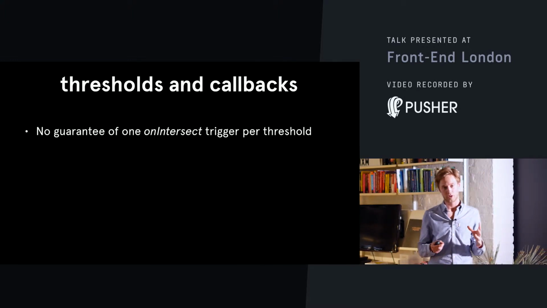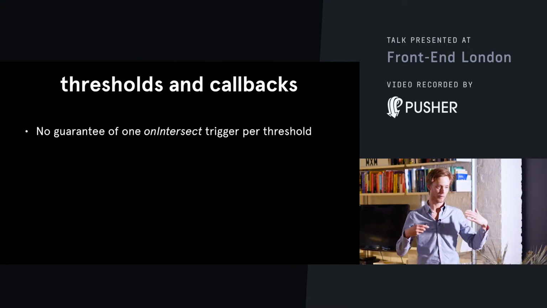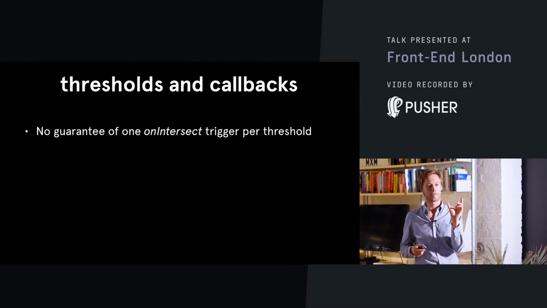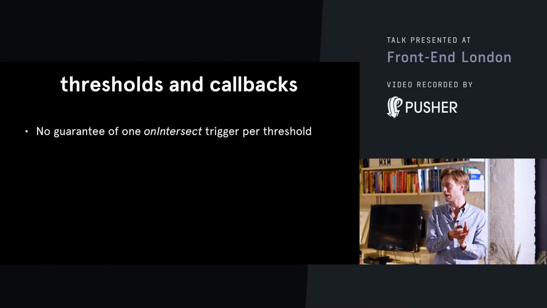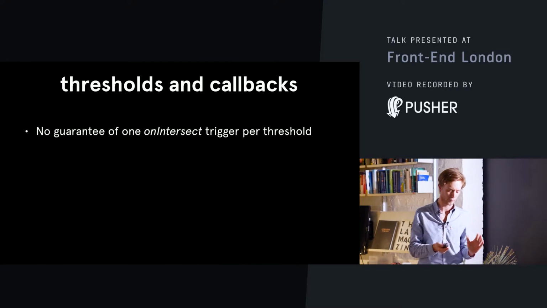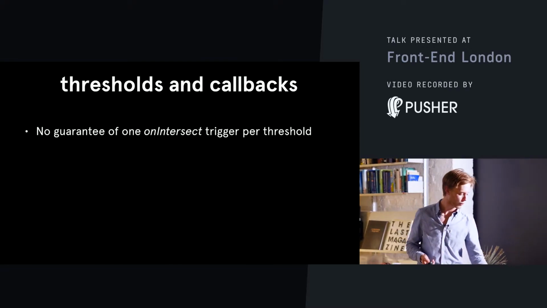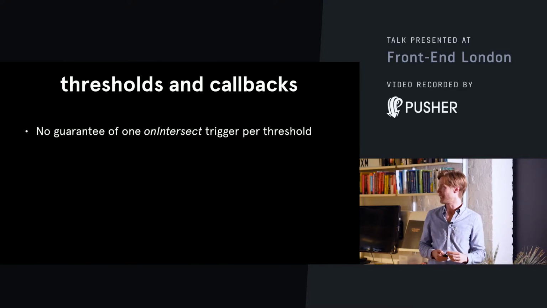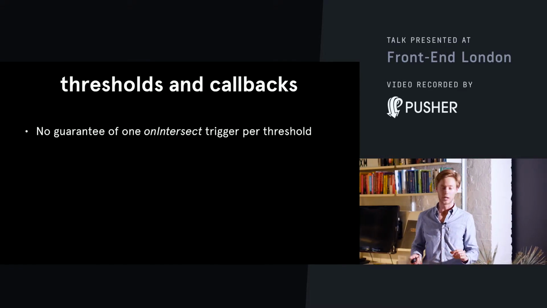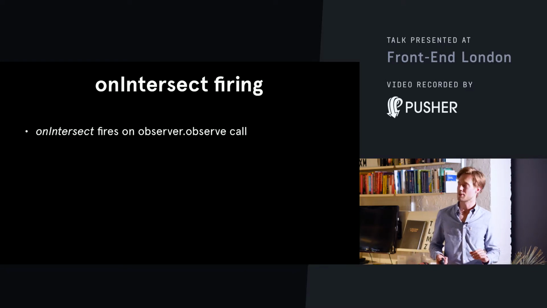Because of the async nature of this API and because it's also kind of throttled, if too many of your callbacks, if you have a lot of thresholds, fire close to each other in time, you will just get the latest update, basically. So just note that it's not so important for most use cases, but you won't get updates corresponding to each single intersection ratio value.